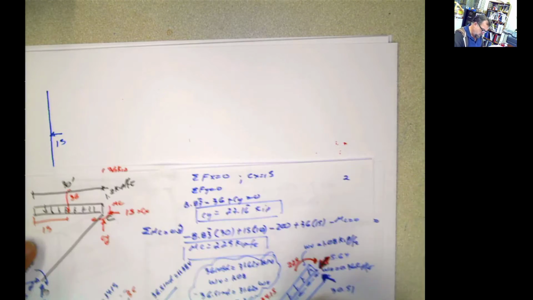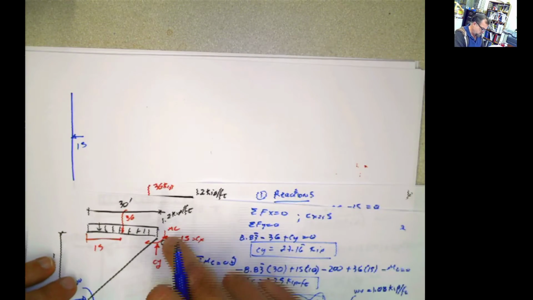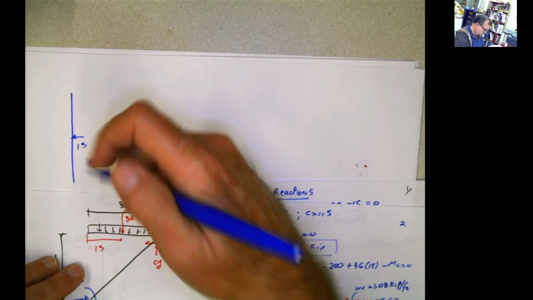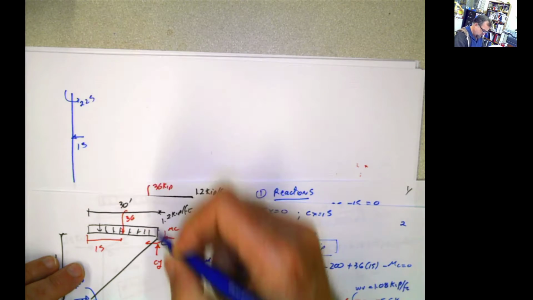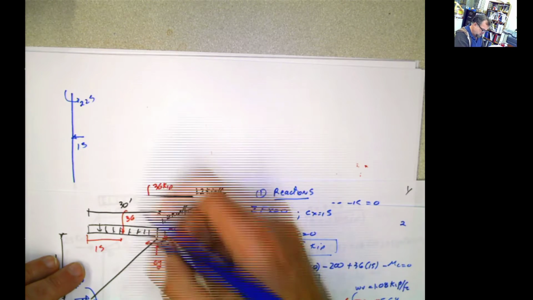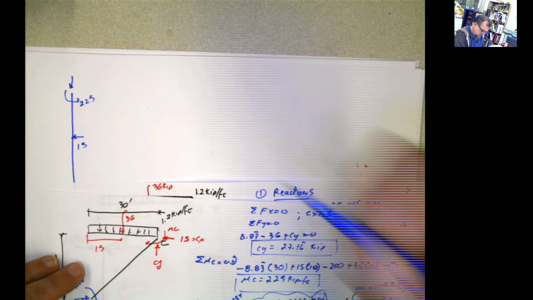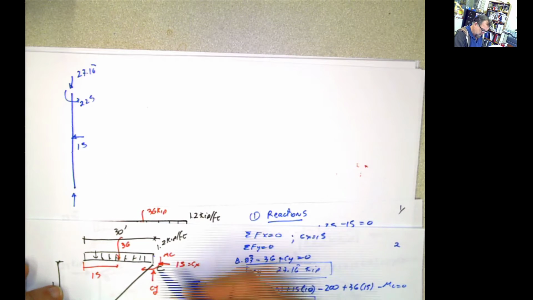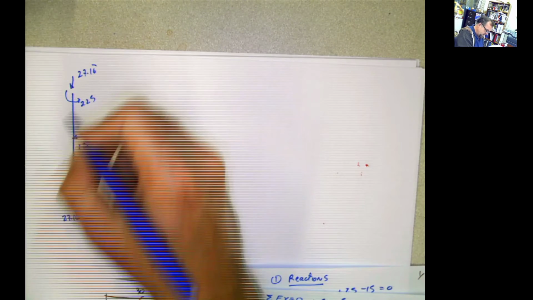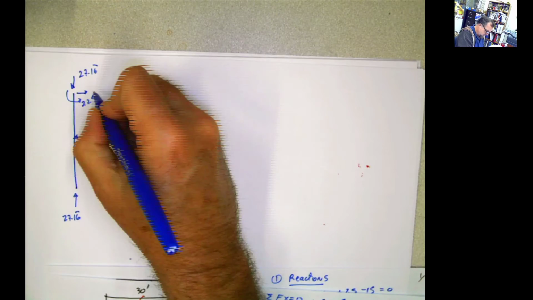But I'm not going to use these because then I have to retransform and rotate them again. I can use these ones here. So this moment is going to be acting like this, opposite to this, 225. This force Cy is going to be acting like this, it's 27.16. And then this force of 15 is going to be acting in this other way, 15. There you go.